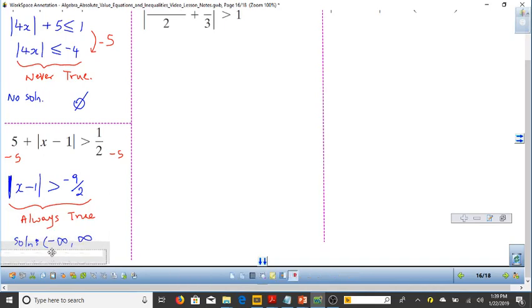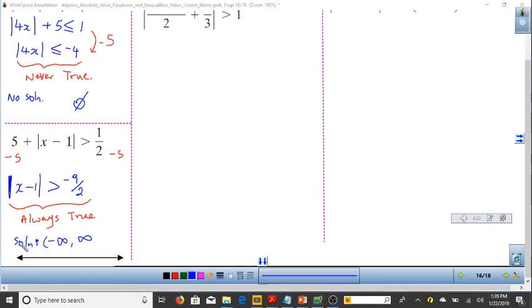I doubt it, but we'll see. Draw the number line, and then you simply shade the whole number line. The whole number line is shaded because all real numbers work.